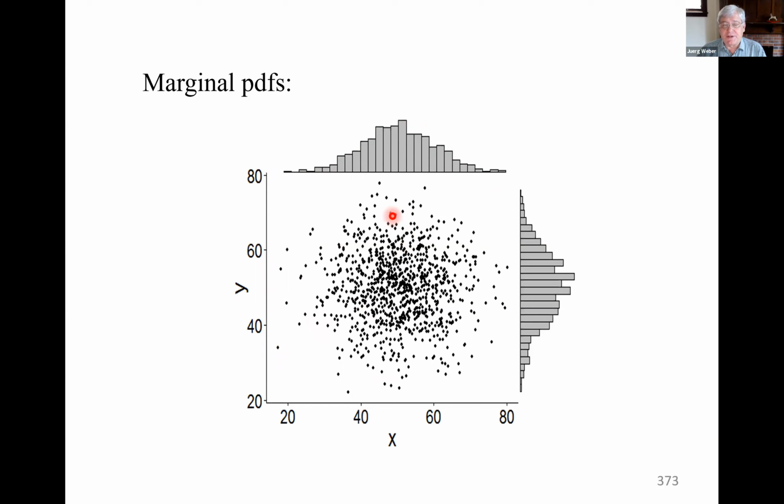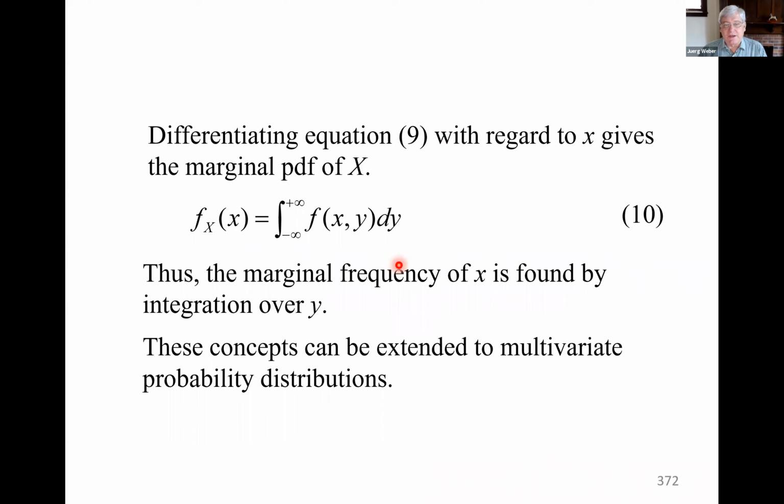But then here we have a lot of y's, so the frequency is high. So you must integrate over the y to get the marginal distribution of x. That's what we said here. Integrate over the y to get the marginal distribution, the marginal PDF of x. Okay, you have to think a bit about that one.